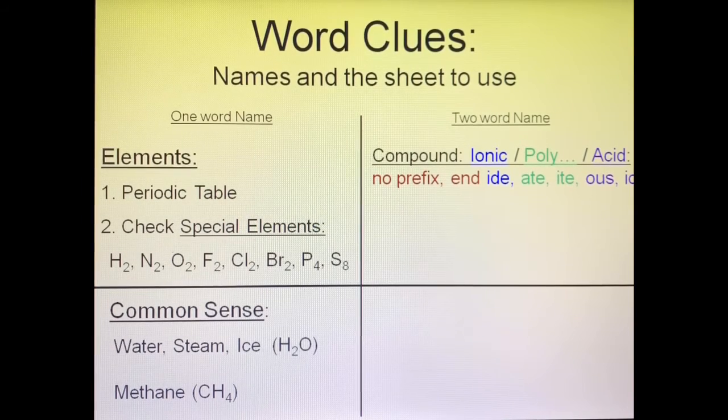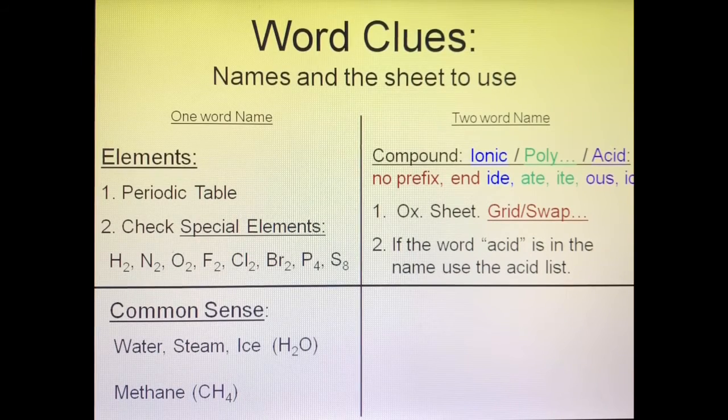So if you ever encounter a name with no prefixes and any of these endings, it falls into the ionic category. And for any ionic formula, we use the oxidation sheet to look up and grid swap our formula. This is something that hopefully you've done in several examples from previous units. So get out your oxidation sheet, grid swap, reduce, remove.